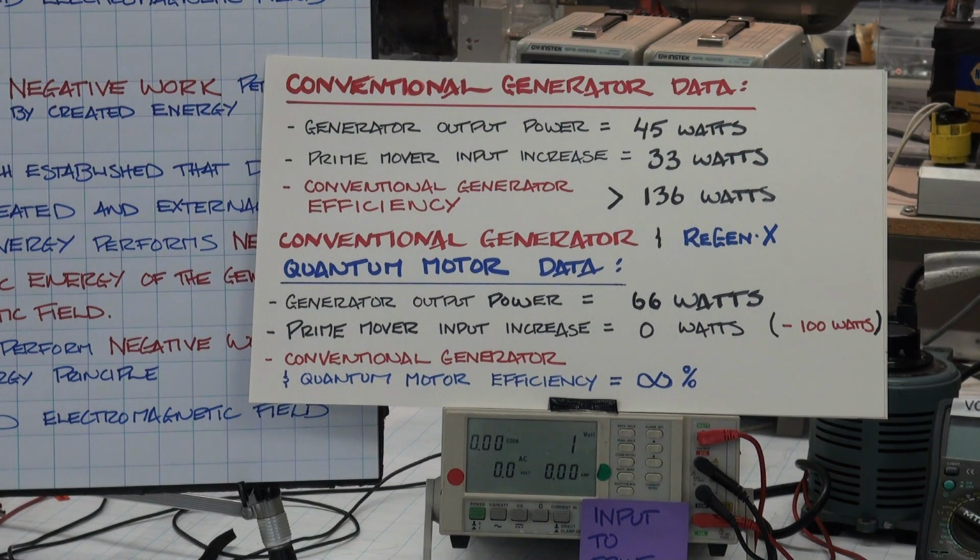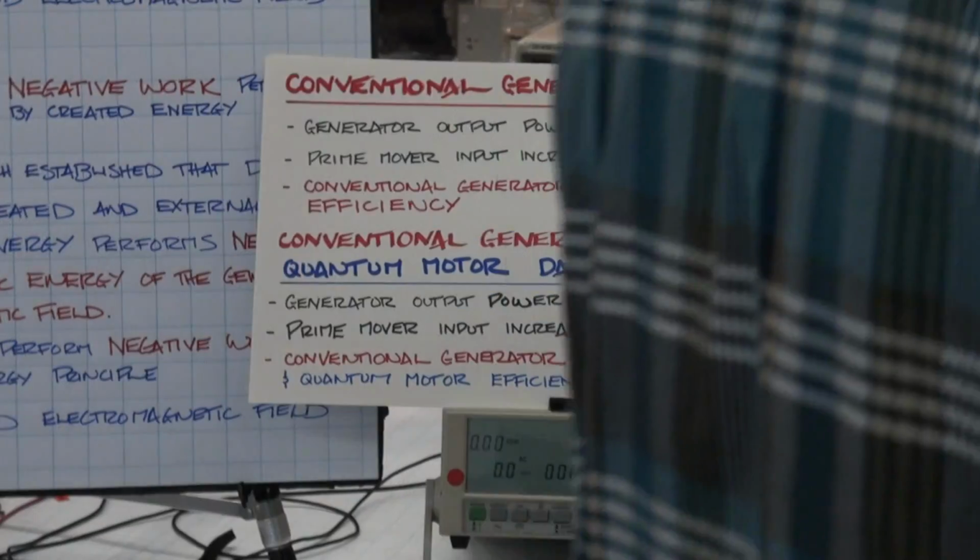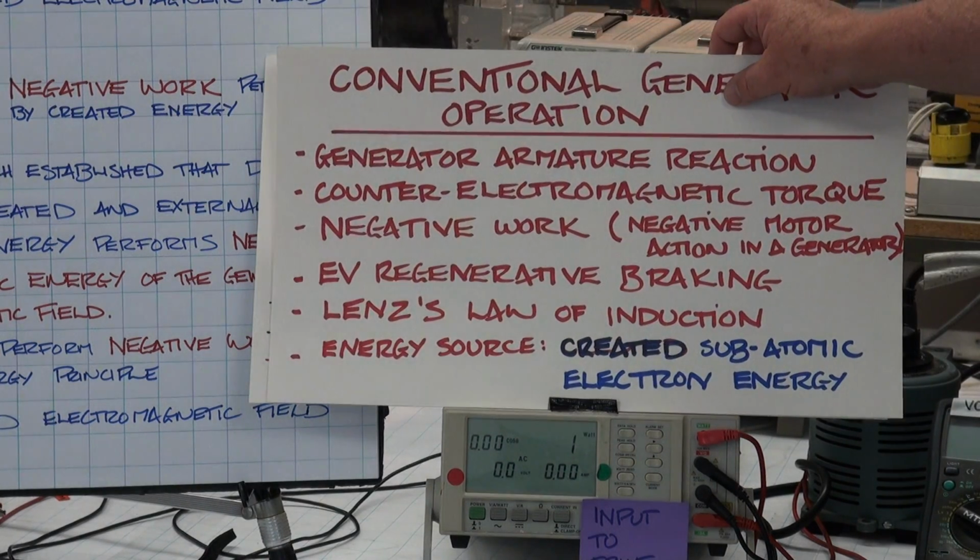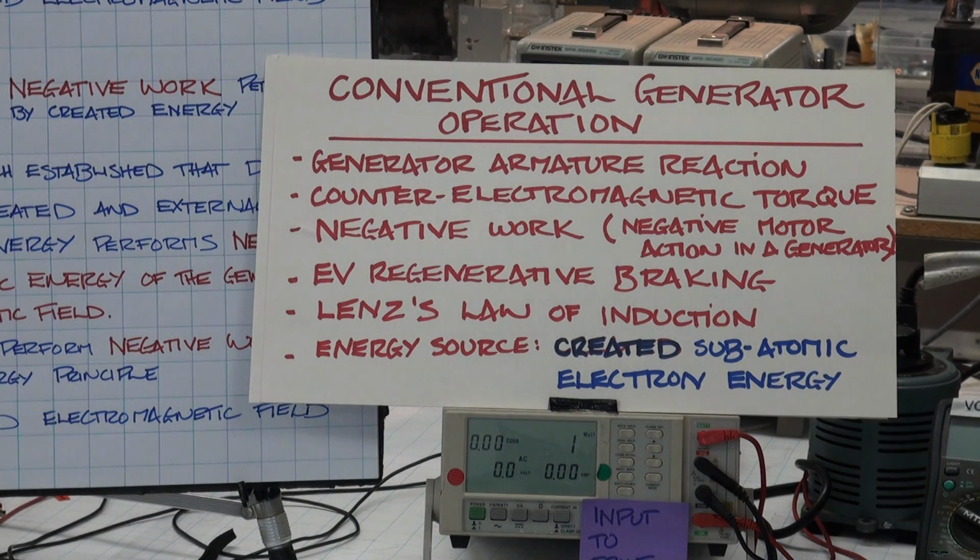The current scientific establishment's assertion that negative work can be performed in a conventional generator, and a counter electromagnetic torque can be produced in a generator without energy, and that negative work can be performed for free without energy in all conventional generators, it's never been true, but now it's obvious that it is not correct.